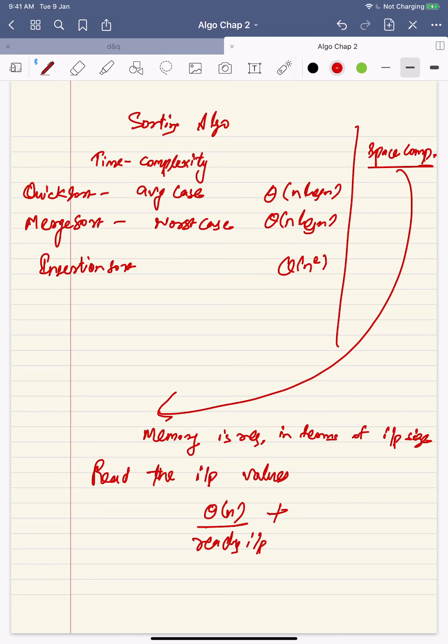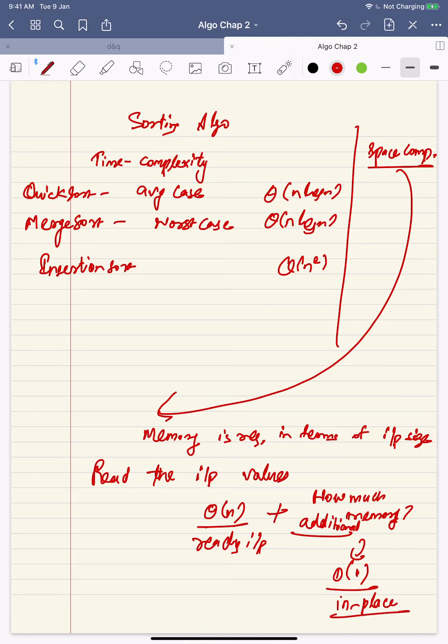Apart from reading the input, how much memory do you need? And that is what determines the space complexity: how much additional memory. If this additional memory is order 1, that means you can do it only using some variables, not an array of size n, then you call it an in place algorithm.